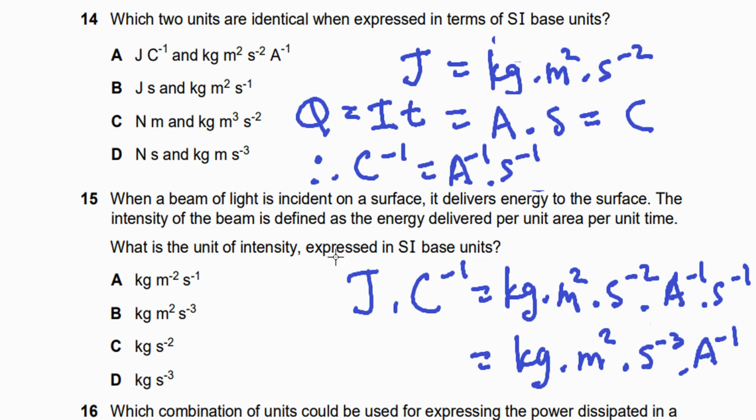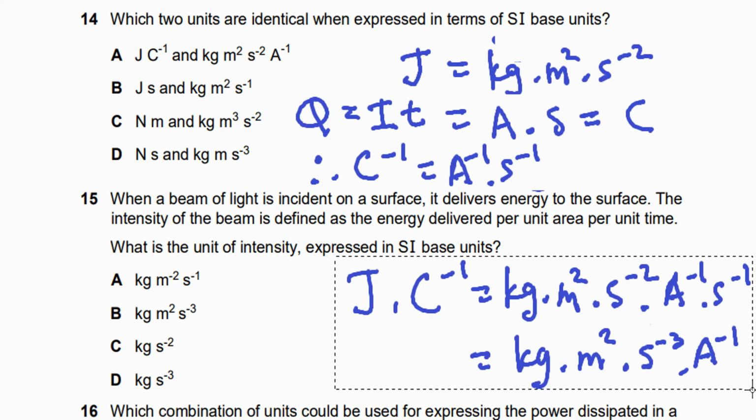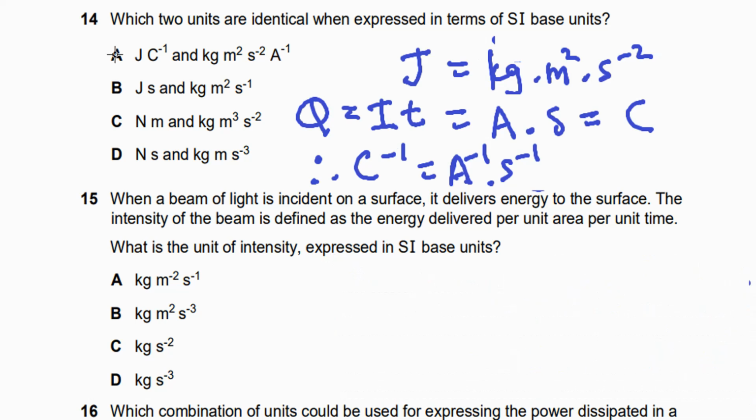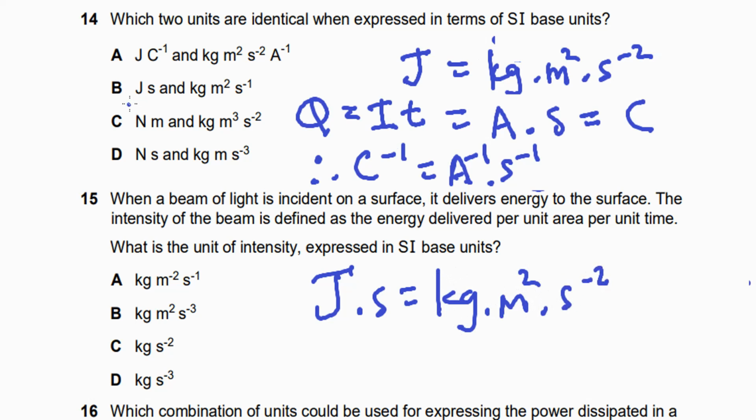So let's get some space here. So we want to consider B now. It says joules seconds. Now joules we know, so joules seconds. Joules we know is this in SI base units, and times seconds, so times s, we can simplify.